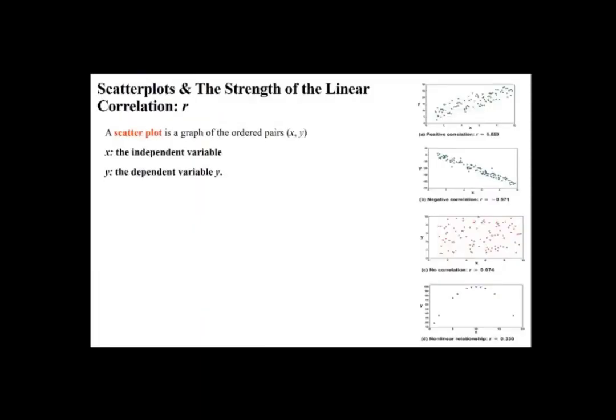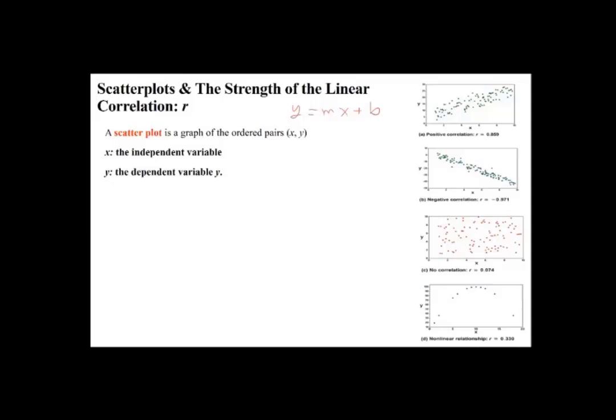As far as a scatter plot is concerned, and you can see it on the right side, basically you plot points. That's all you do. X is the independent variable, Y is the dependent variable. And I hope everybody remembers when we were dealing with algebra, slope-intercept form was y equals mx plus b, where m was the slope and b was the y-intercept.